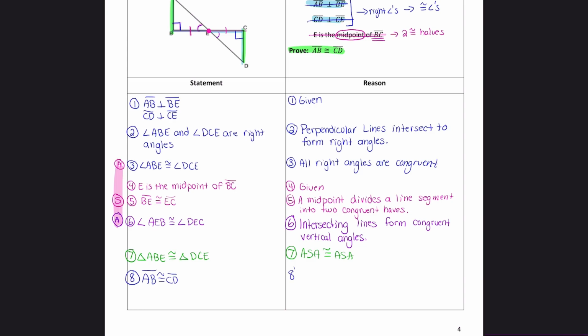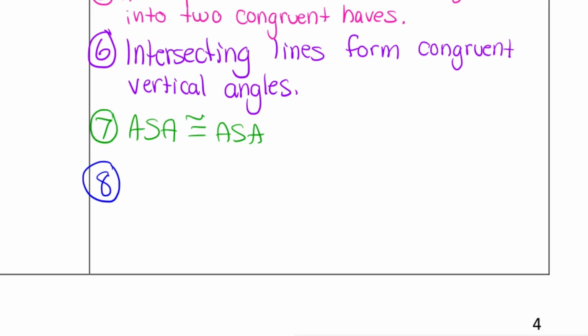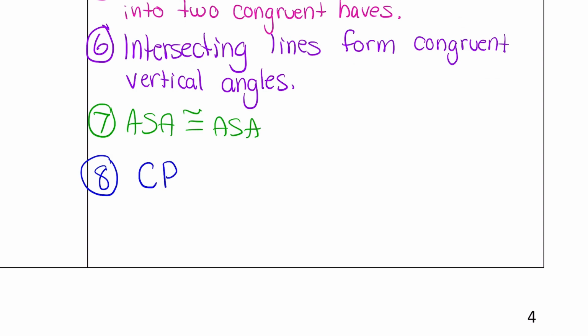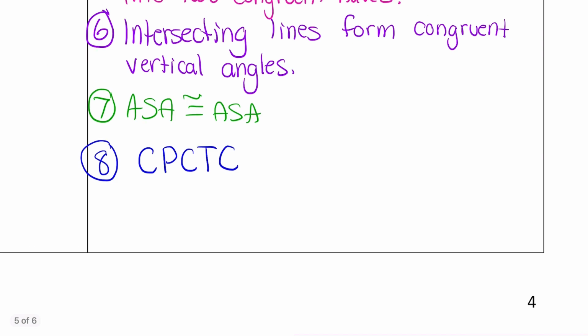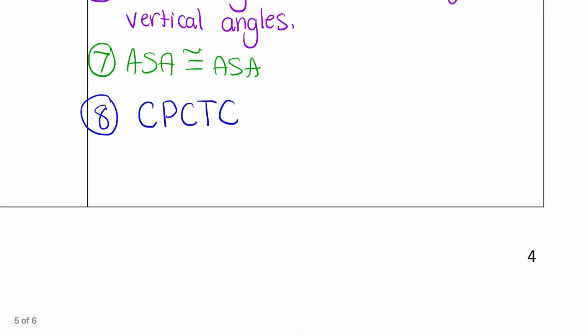And our reason over here is going to be CPCTC. Again, guys, you are allowed to abbreviate that. You do not need to write it out. But if you mix up letters, I have to take off quite a bit of points and maybe not even give you points for that statement or that reason.